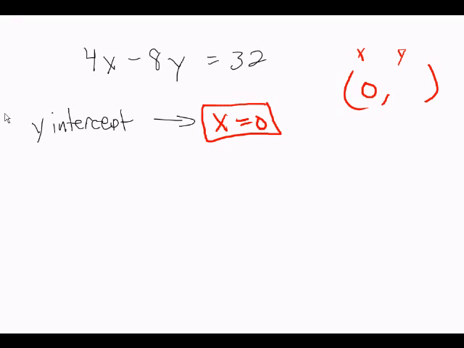So I'm going to rewrite the equation: 4 times x minus 8 times y equals 32.